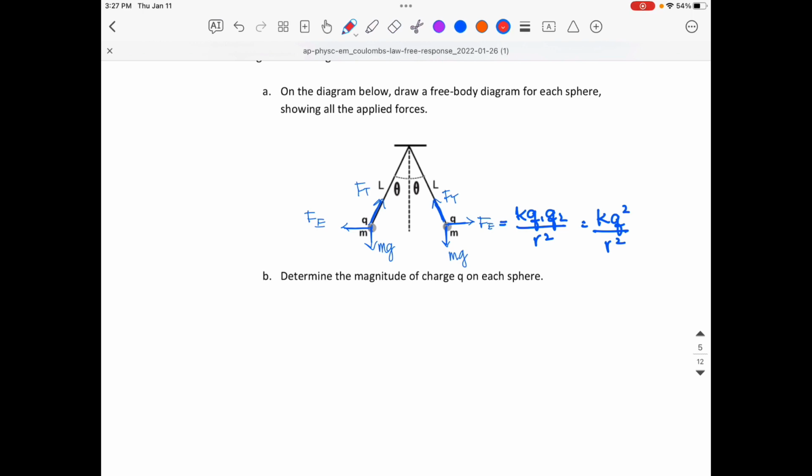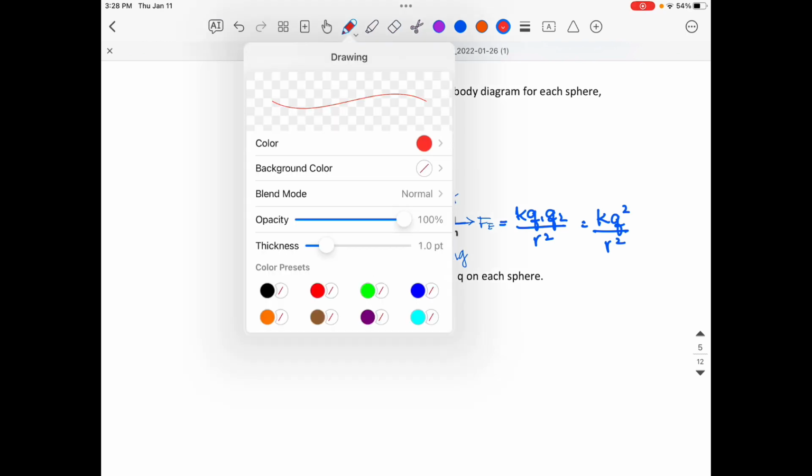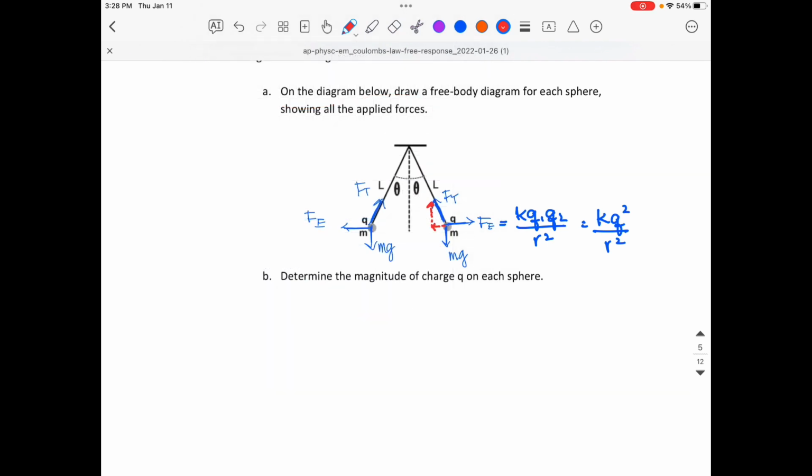And so if we were to break down the tension into the X and the Y components, then one thing we can look at is the fact that this theta, maybe I need a thinner line, this theta is the same as this theta right here.